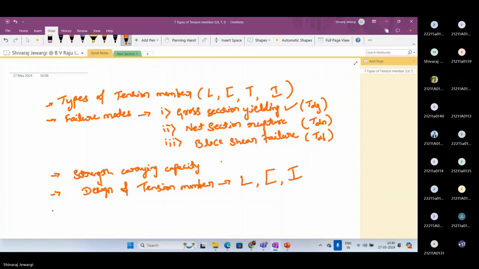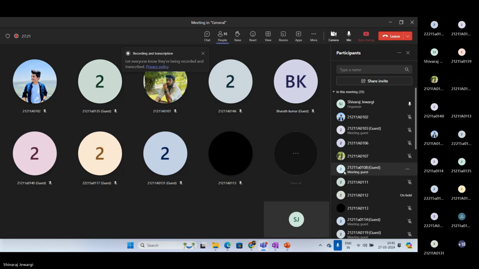And then later on, after this, we have discussed design of tension splices. What do you mean by splices? In the offline class I already explained, and we have done a problem also.